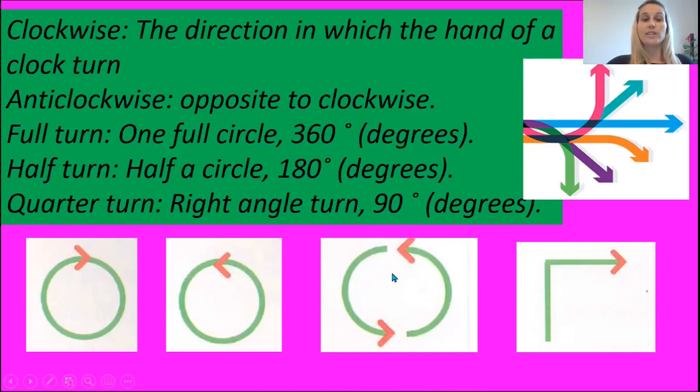Now, you can always double check this. We know that one right angle is 90 degrees, and in one full circle here, you would have 4 right angles, and 90 plus 90 plus 90 plus 90 will always equal 360 degrees, a full circle.